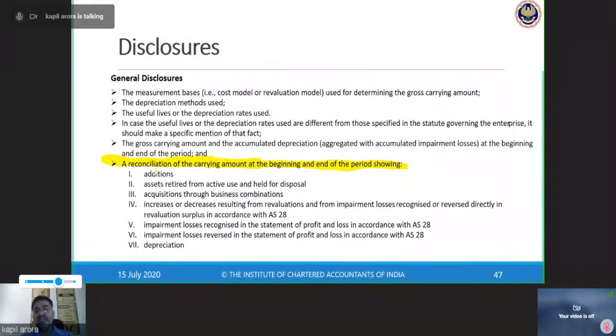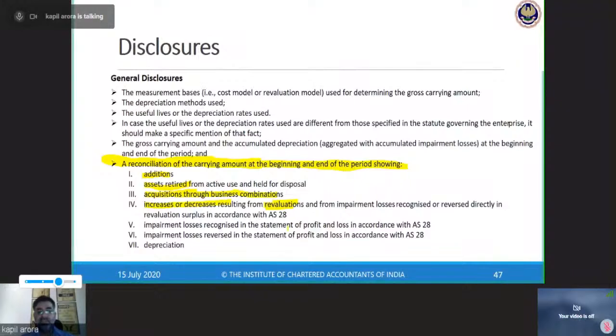And in that, what we need to do, we need to show what is the addition which we have, any asset retired during the year, any acquisition happened of the asset through business combination. Instead, I acquired the asset directly. I acquired a business which was having couple of assets, so those assets got added. Any increase or decrease resulting from revaluation or any impairment loss which has happened.